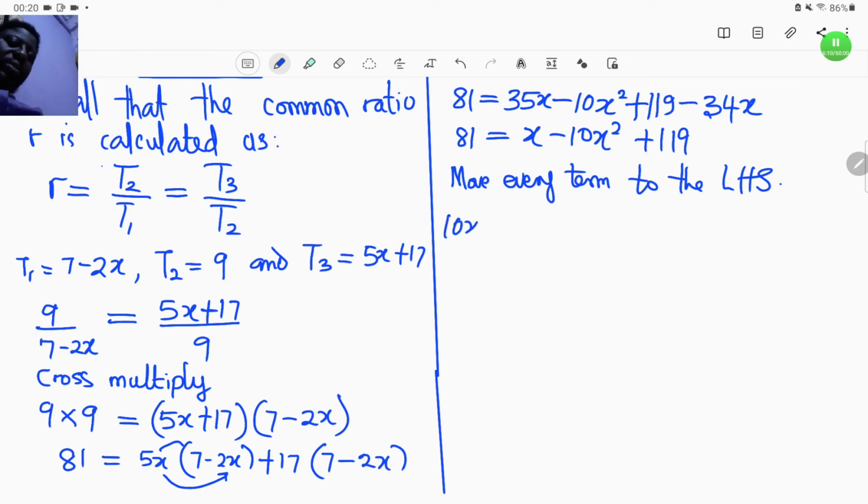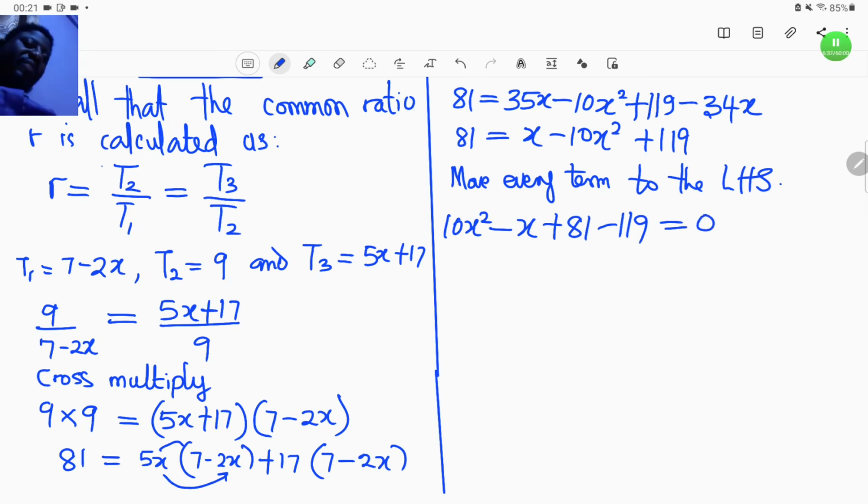Moving every term to the left hand side, we have 10x squared, because 10x squared was negative on the right hand side, it becomes positive on the left hand side. Then minus x, since x was positive before, it becomes negative now. Then plus 81 minus 119 equals 0.